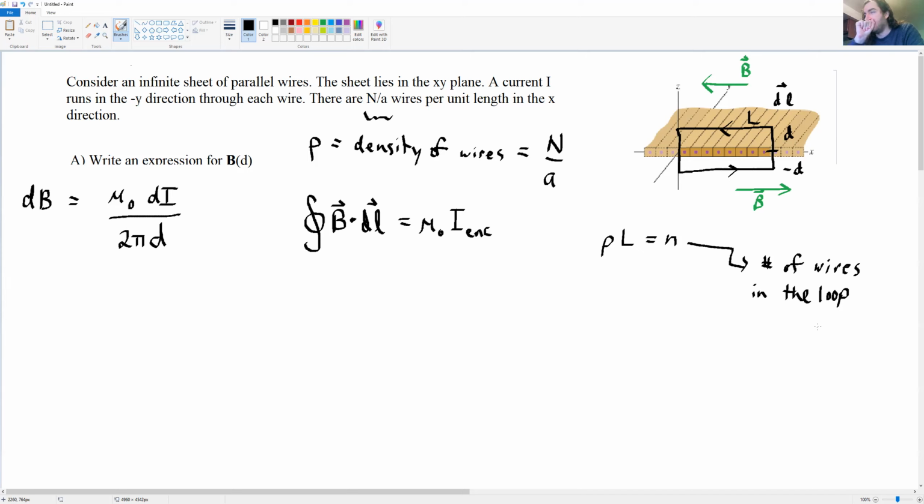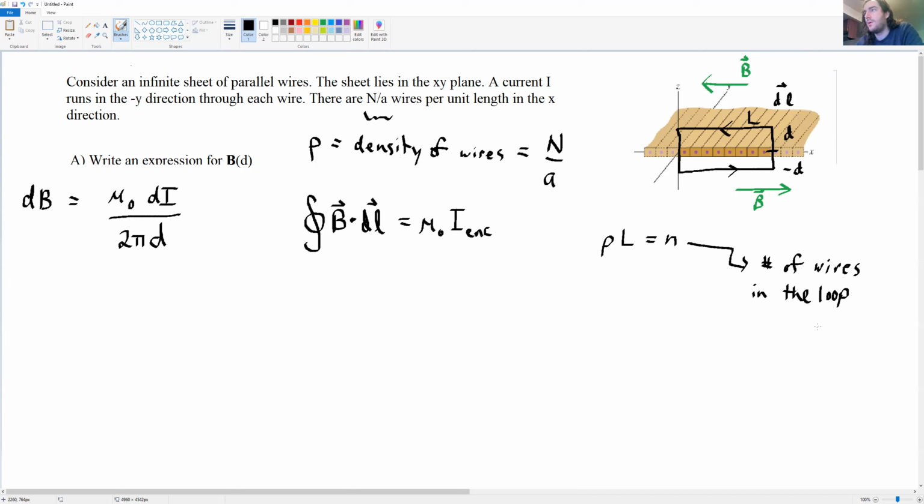And at some point we can take a limit as L goes to infinity or something along those lines, in which we'll recover the total current I inside the loop.